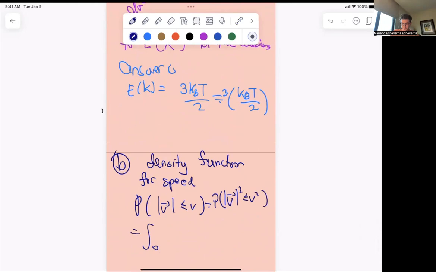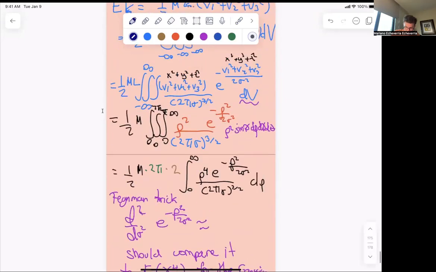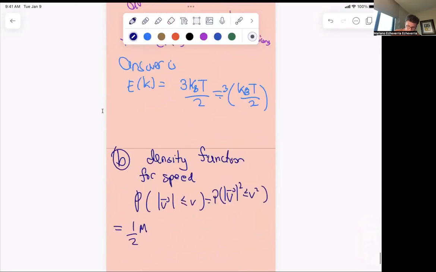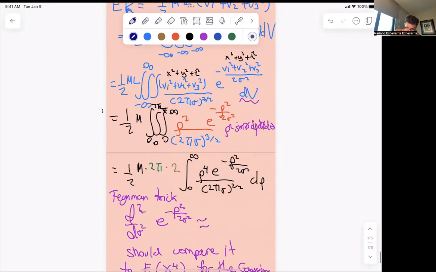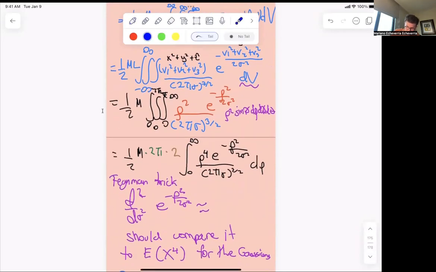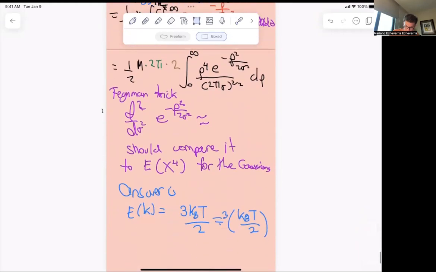So it's the same triple integral that I wrote here, except that one of the bounds, instead of going from 0 to infinity, is going to be from 0 to v squared. That's the only difference. Nothing else changes in this problem.